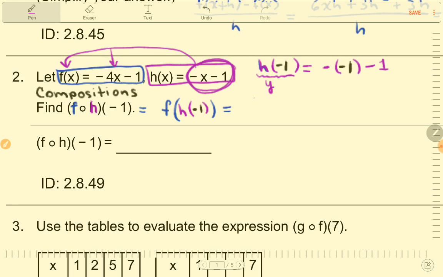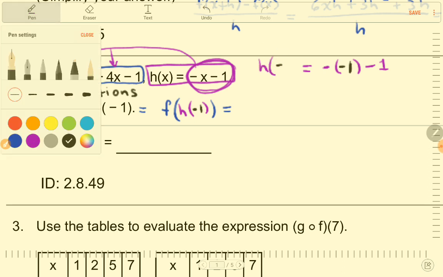It represents specifically when x is -1, h will have a specific y value after inputting it into the function expression. So this left-hand side, I don't need to do any mathematics with it. It is purely notation that just represents the y value of h at an x value of -1.